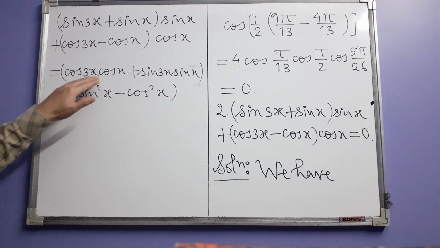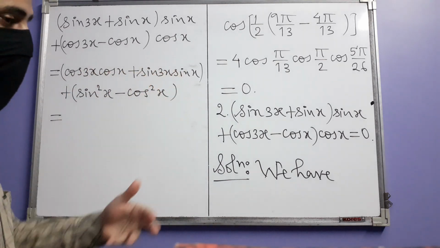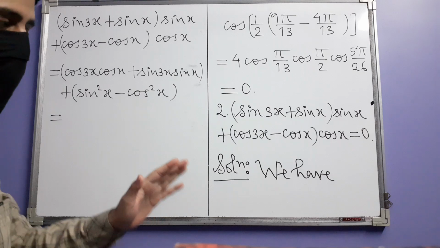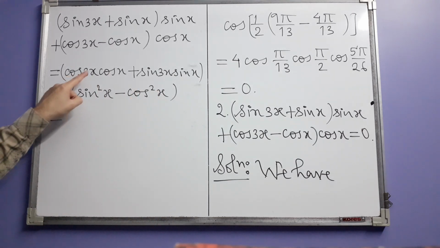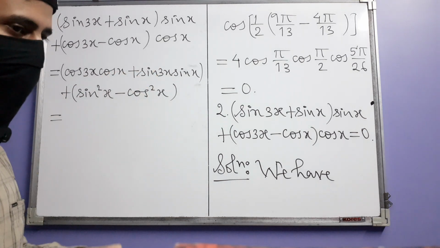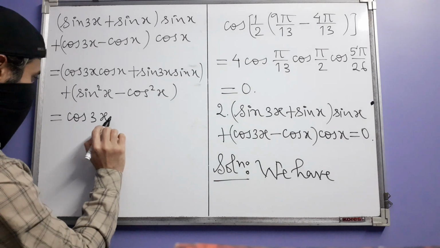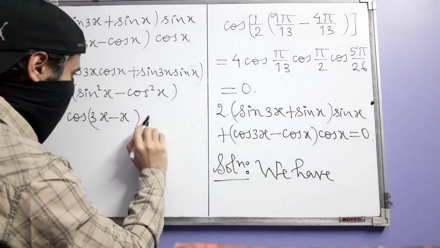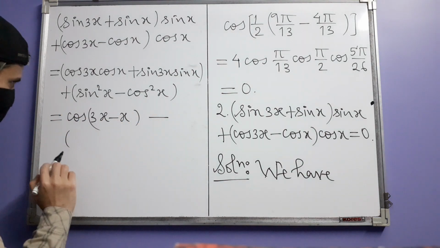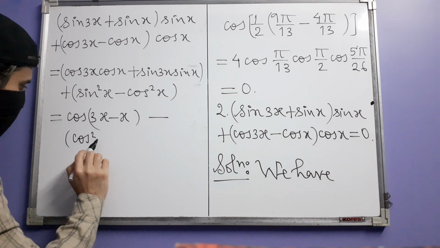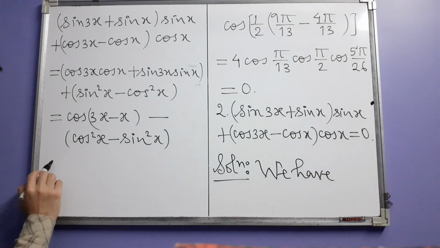Okay, now you can see that this already is in the form of the cosine difference of angles formula, not the double angle formula. Cos A cos B plus sin A sin B is cos A minus B. If you take the minus sign outside, you can write this second part as cos square x minus sin square x.